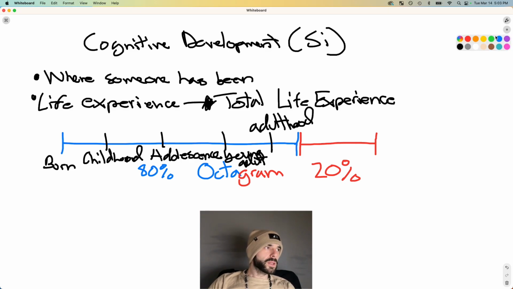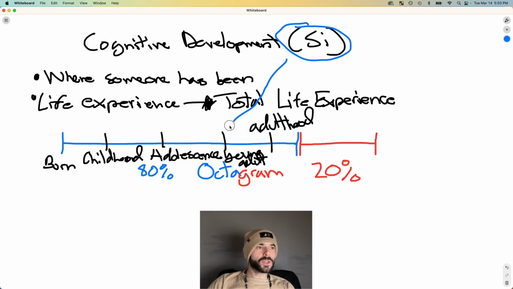But the introverted sensing piece represents ultimately the first 80%, whereas cognitive focus would be the other 20%. This really is basically what your cognitive development is. It is your total life experience, right?